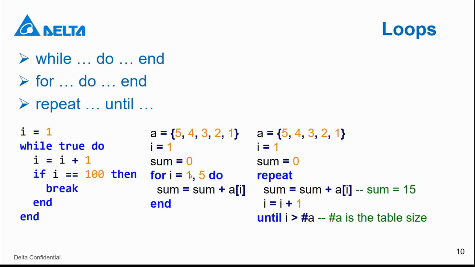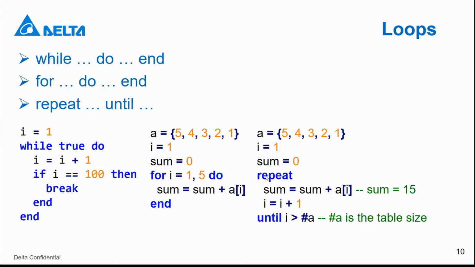So it will go from 1, 2, 3, and in the end 5, and it will run 5 times in total. In this loop, you can use this i as an index of the table. Then you can access each element in this 5-times loop.